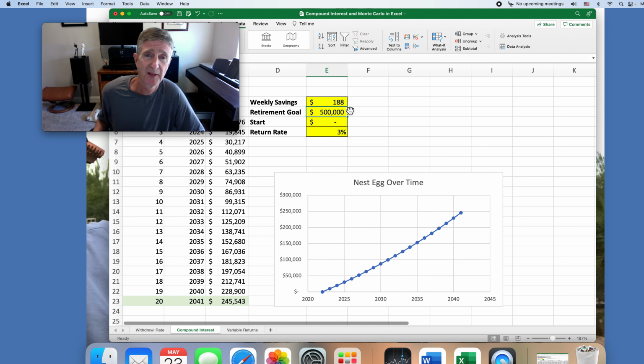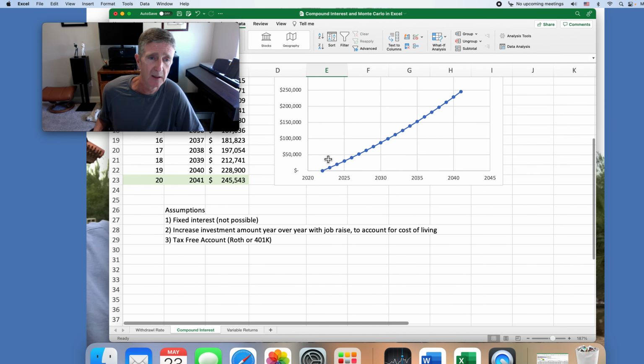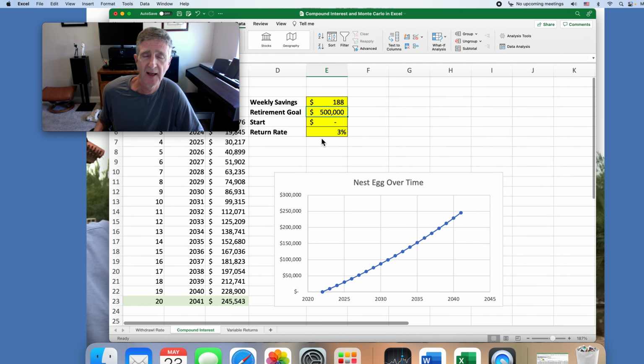So that should be easy. Every year you get your raise and you put the same percentage of your overall net salary into your savings, and hopefully your gross salary would go in with your 401k and you'd get more match, et cetera, et cetera.